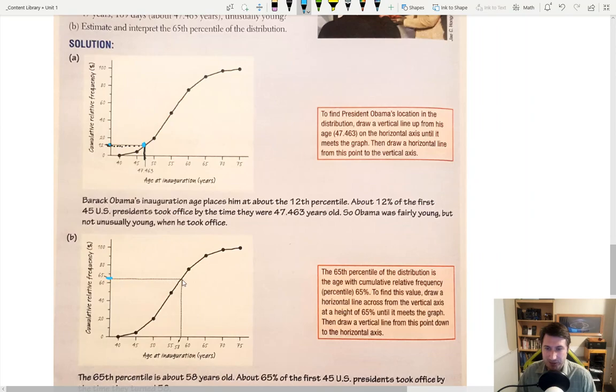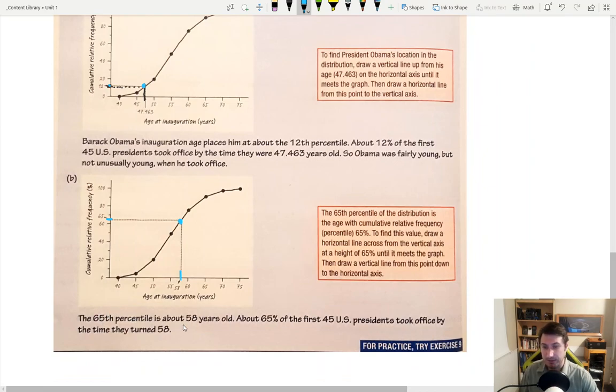What age does that correspond to? It intersects right there, about 58. So the 65th percentile is about 58 years old. Another way of saying that: about 65% of the first 45 US presidents took office by the time they turned 58. You might want to pause it and write those sentences down. Those are the kinds of things you want to be able to say and put into words.